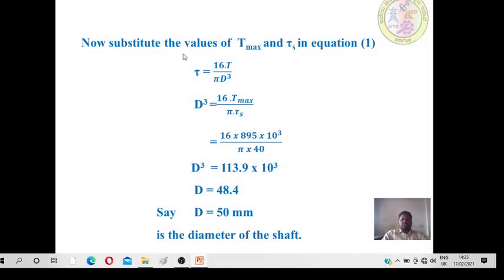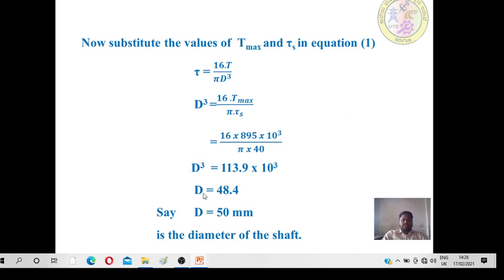Now, substituting the value of T max and tau s in equation number 1. So this is equation number 1: 16 T, instead of T, now we have T max. So T max value is 895 into 10 to the power 3 and pi, and tau s is given in the problem data as 40. If you substitute and calculate all these, this is the value of d cube.